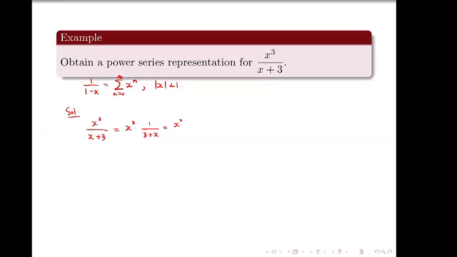So this will have x cubed times 1 over 3 times 1 plus x over 3. And then I'll just put the denominator 3 together with x cubed. And then I look at 1 over 1 plus x over 3. I will rewrite that as 1 over 1 minus negative x over 3.